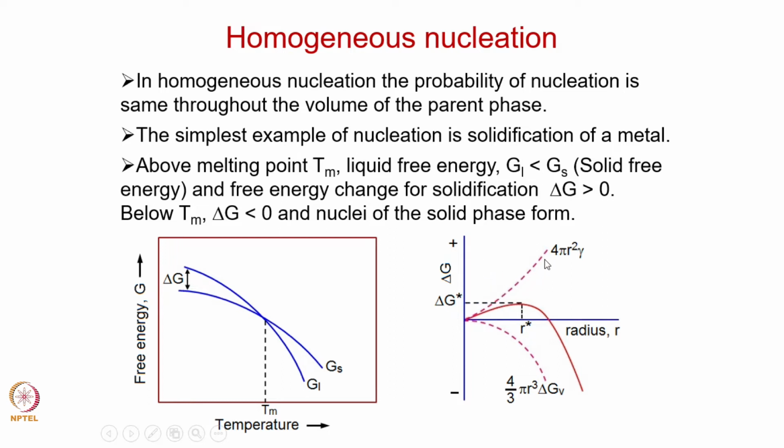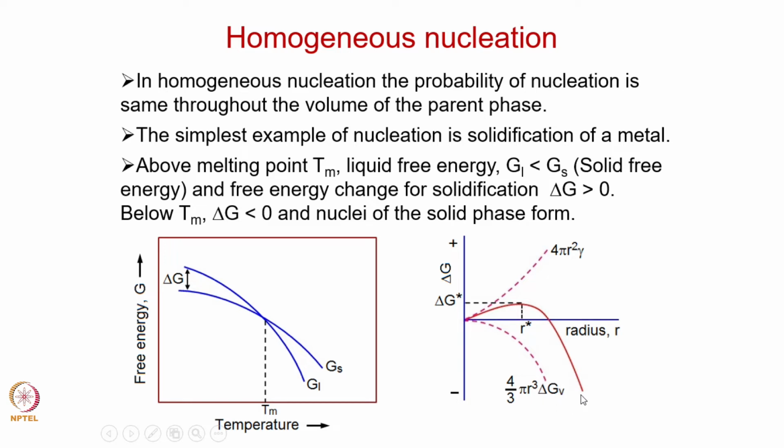This part that you see on the upper side is the surface energy contribution, and on the lower side you have the volume free energy contribution to this delta G. Okay, and delta GV is the specific volume energy change, that is, free energy change per unit volume, right?